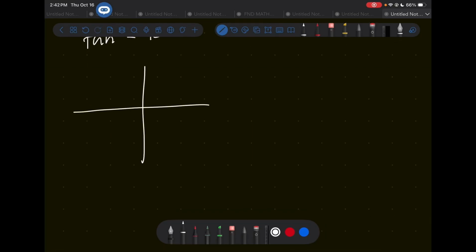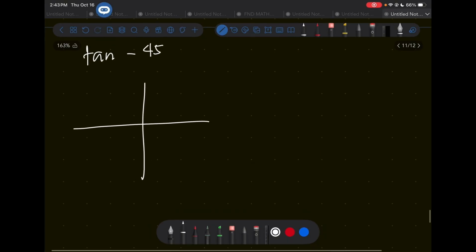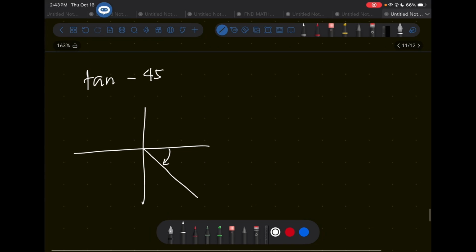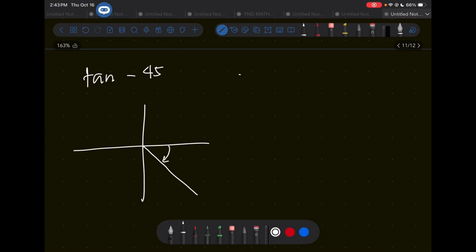In a positive way, you're going to rotate counterclockwise. But since it's a negative number, I'm going to go clockwise. So your tan of negative 45 degrees is going to be over here. Or another technique I would like to use is just subtract it from 360.